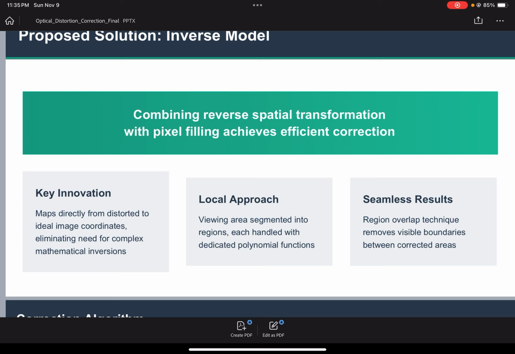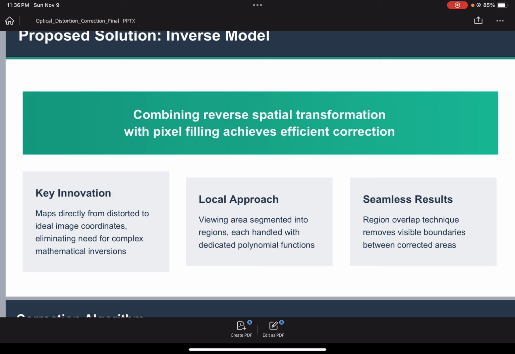And the method uses a local approach instead of trying to fit one equation to the entire viewing area. They divide the field of view into multiple regions or zones, and each zone gets its own dedicated polynomial function that describes the distortion in that specific area.